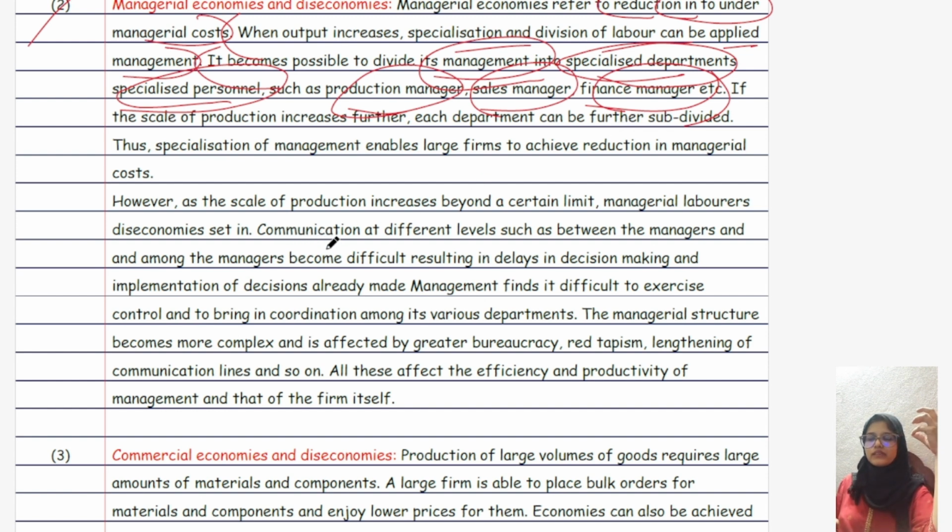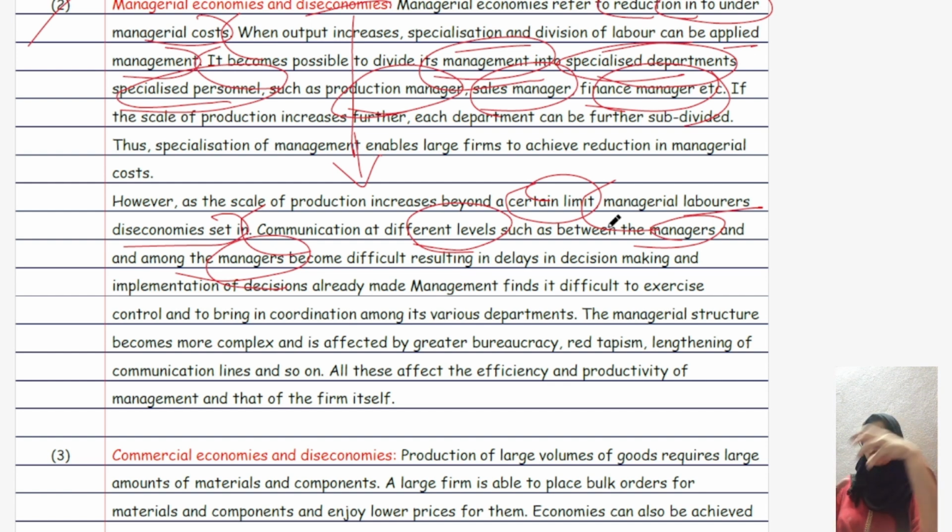But what is the diseconomics relating to managerial economics? Beyond a certain limit, managerial diseconomies set in, like communication at different levels, such as between the managers and among the managers, becomes difficult. Like all the department managers, sometimes some may be busy, sometimes some may be free. They're not able to find a time together.